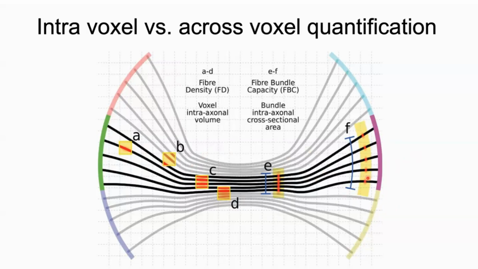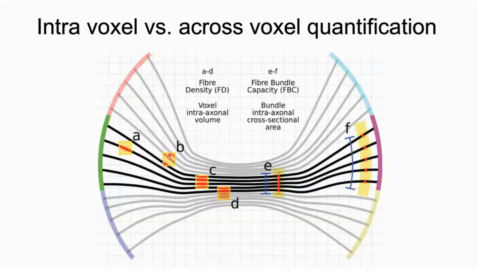You have A through D. These are showing microscopic voxel level quantification. So the fiber density part comes in. You can have a voxel where you have low density, and here you have even lower density.